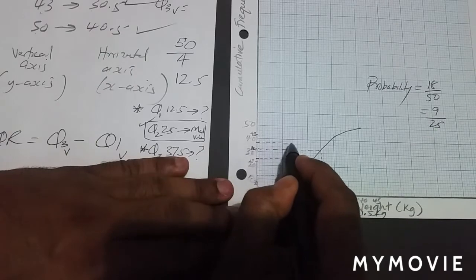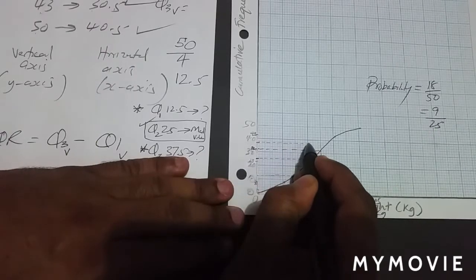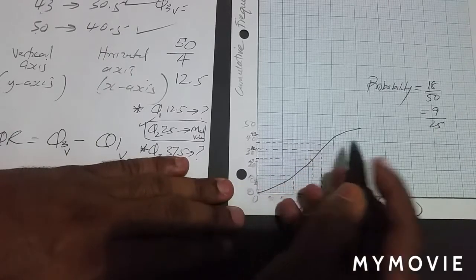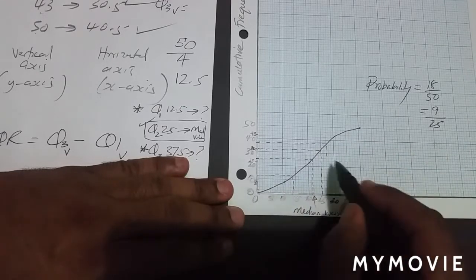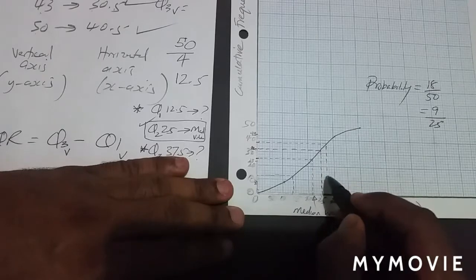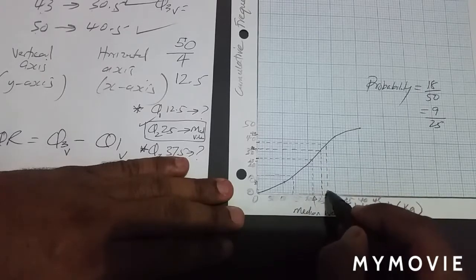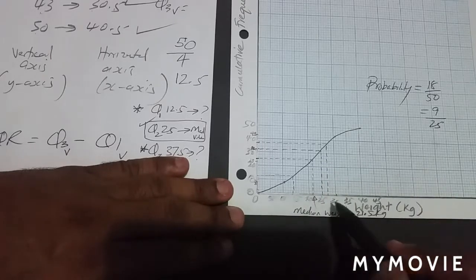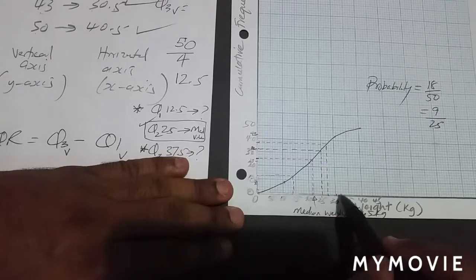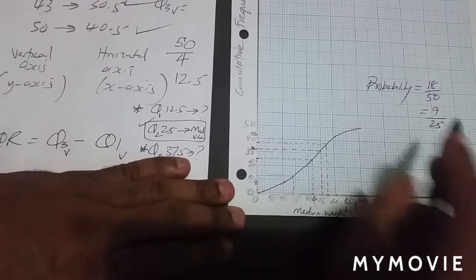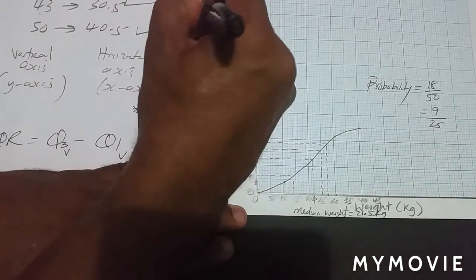Now, if you're doing a paper 2, CXC would give you some leeway in terms of error in accuracy, so don't get perturbed. Try to get it accurate obviously, but if it's not fully accurate, CXC will still credit you with the marks. So here, this is 25, and remember 26, 27, 28, 29, 30, so this would be 27. So the quartile 3 value would be 27 kilograms.